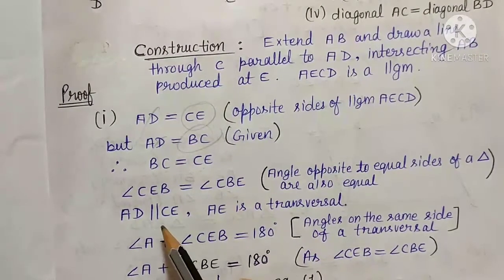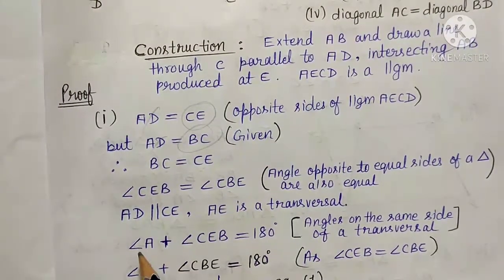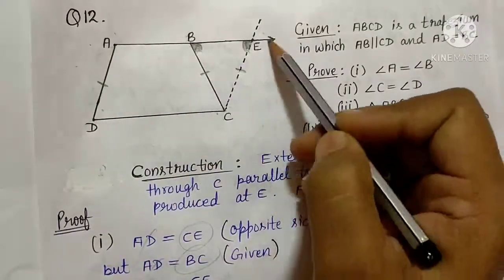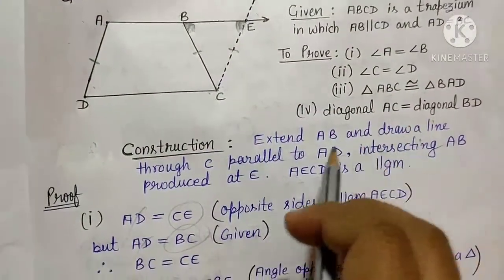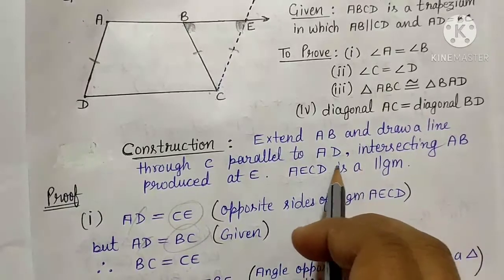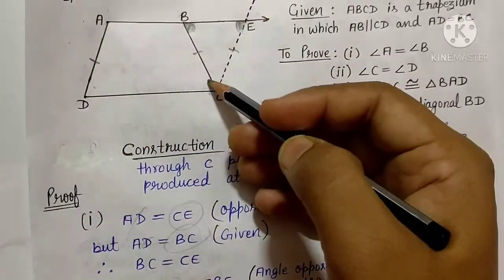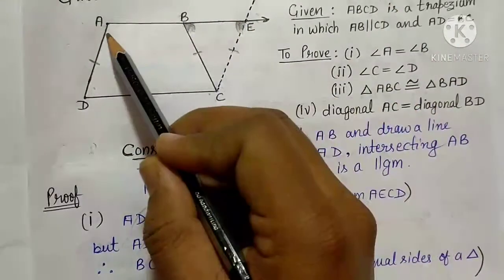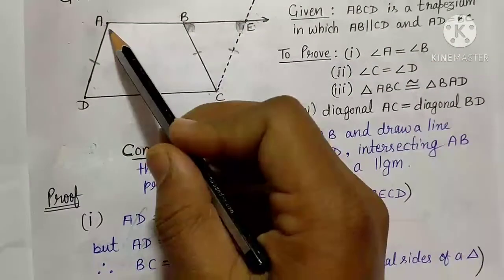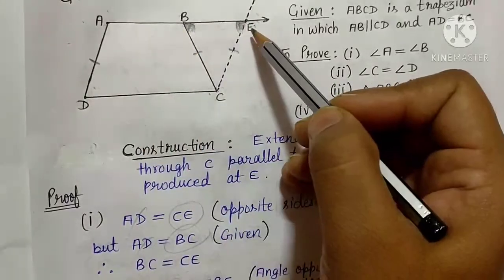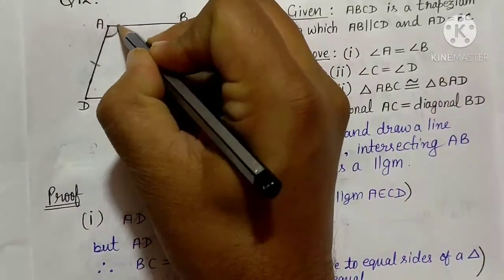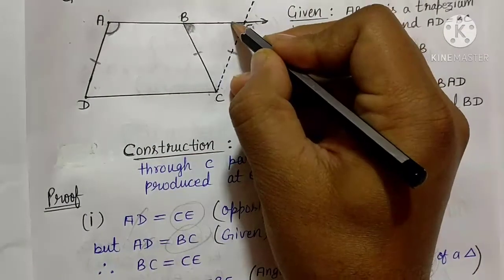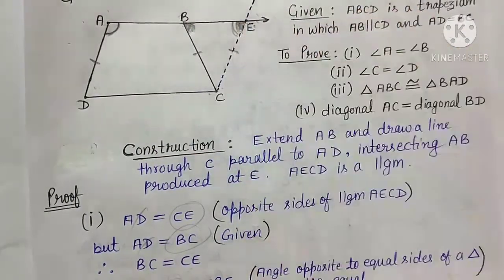Now, if we observe the figure properly, we will find that AD is parallel to CE, because we already said that AECD is a parallelogram. If AD and CE are parallel lines, then AE is working as a transversal. So we can say that angle A plus angle CEB, or you can say CEA, same thing, these two angles will make how much?